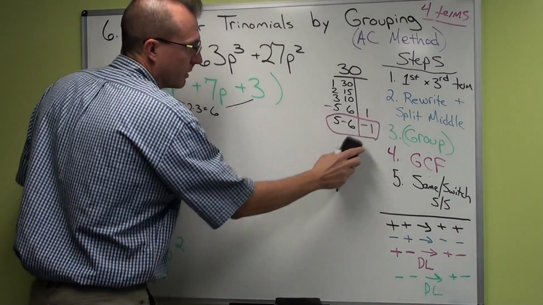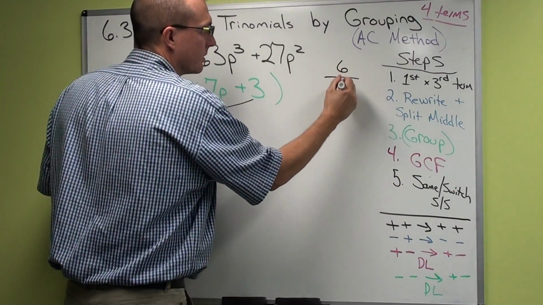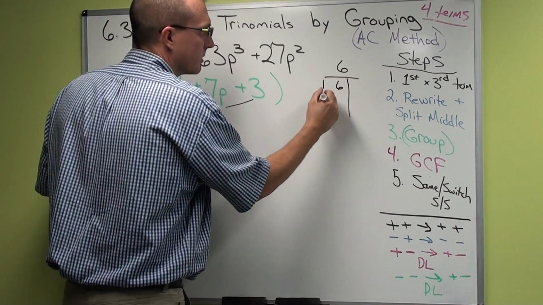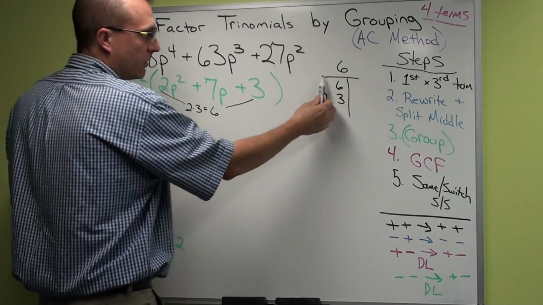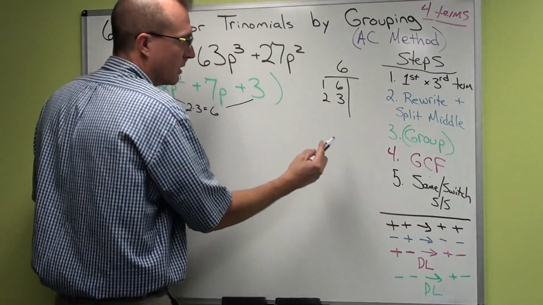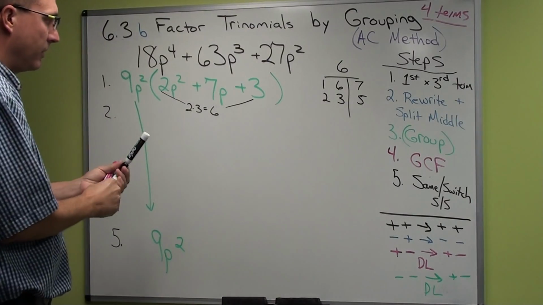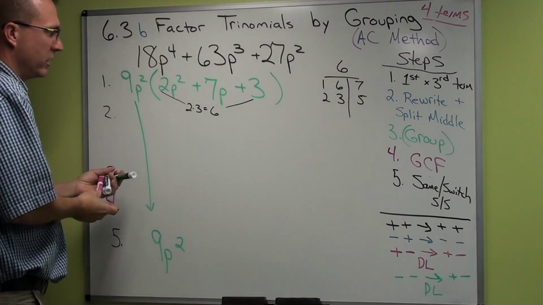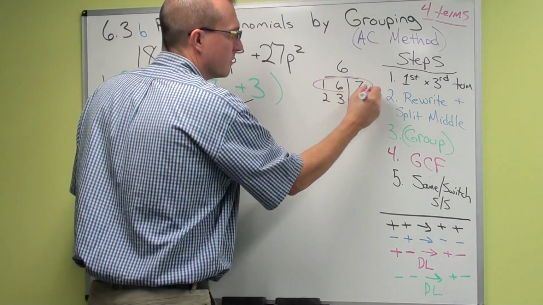Now we have 6, which is 1, 6, 2, 3. They're all plus plus. So this is a 7 and a 5. Now we just have to pick which one we're going to use. It's plus 7. So that's this one.